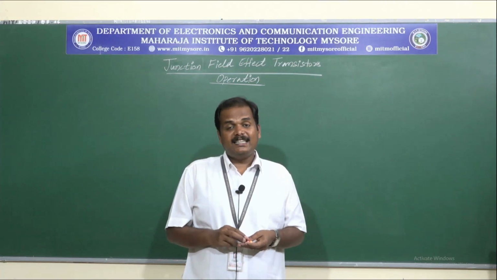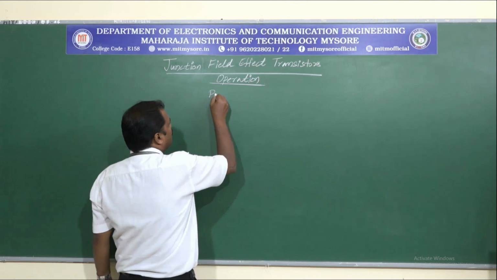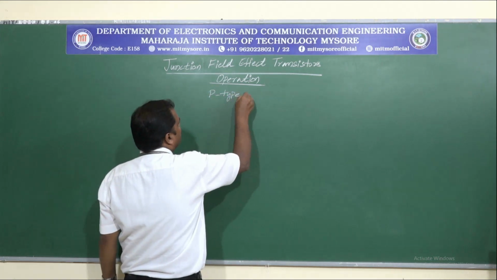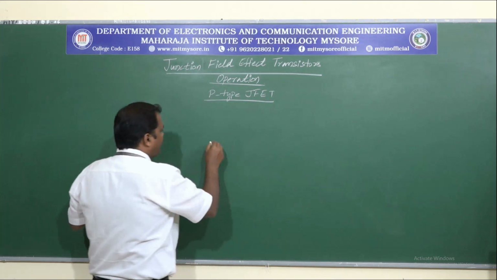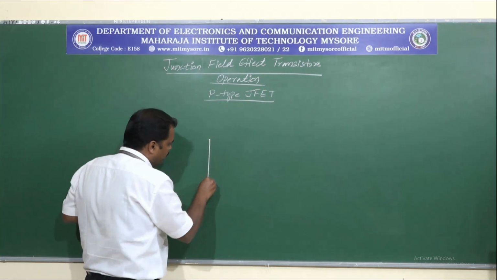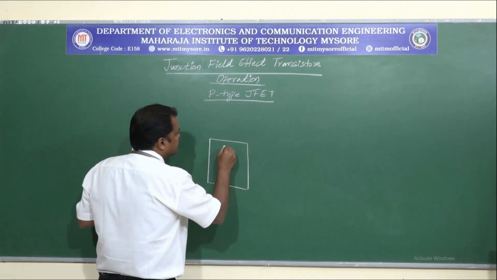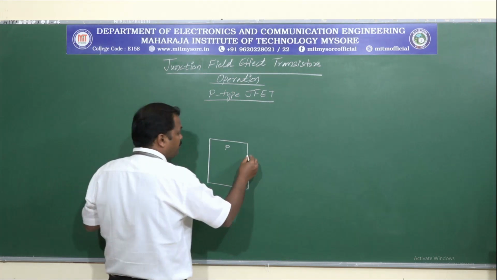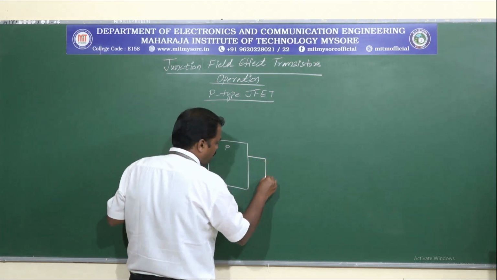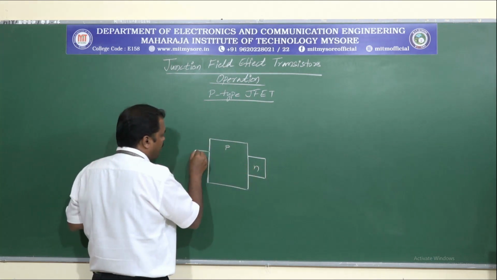Now we will understand the operation of P-channel JFET. Let us consider a P-type JFET, and a P-type JFET looks like this. It has a channel made of P-type material, and this P channel is sandwiched between two N-type layers.